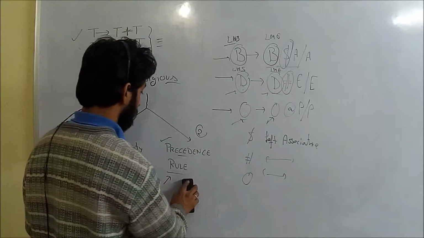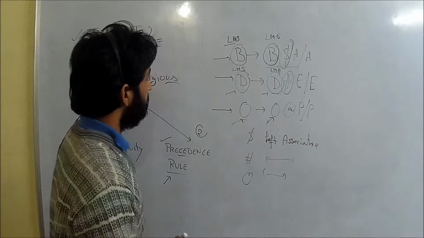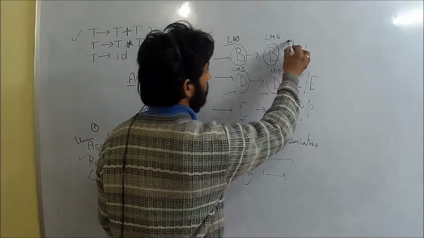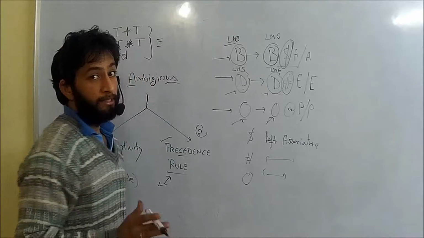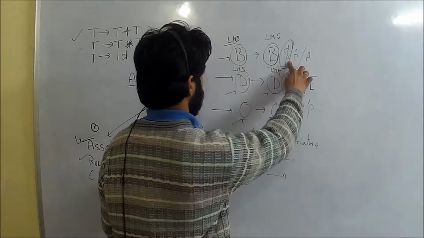And for the precedence rule, here in the grammar, according to the precedence rule, dollar has the least precedence because it is added to the start of the production.